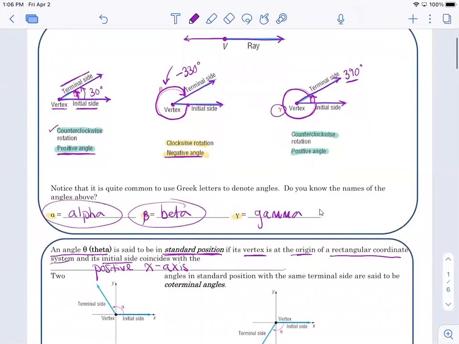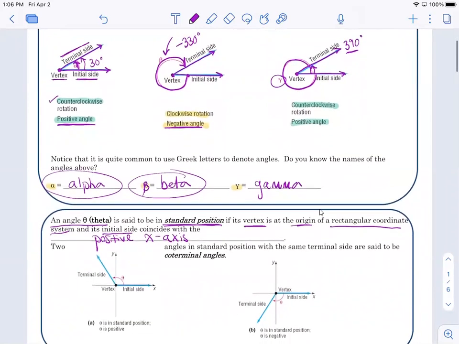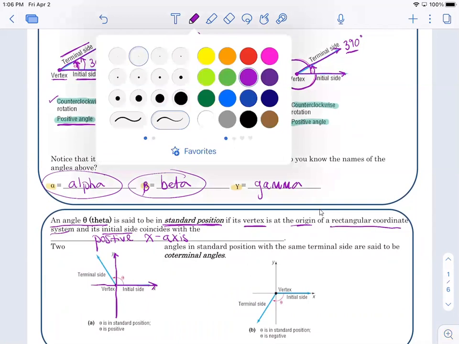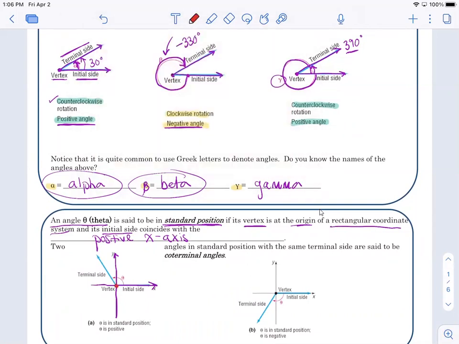So what that means is if I go down here and show you, when I say rectangular coordinate system, that means I'm going to give myself axes. And you put your vertex on the origin and your initial side always has to coincide with the positive x-axis. And then how much you open this determines how big the angle is. So that's your initial side. And then here's our terminal side.